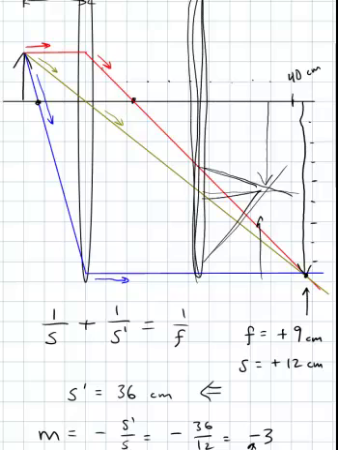So before these rays can form this first image on the right, they change direction and form an image closer in. So let's do the ray tracing first.